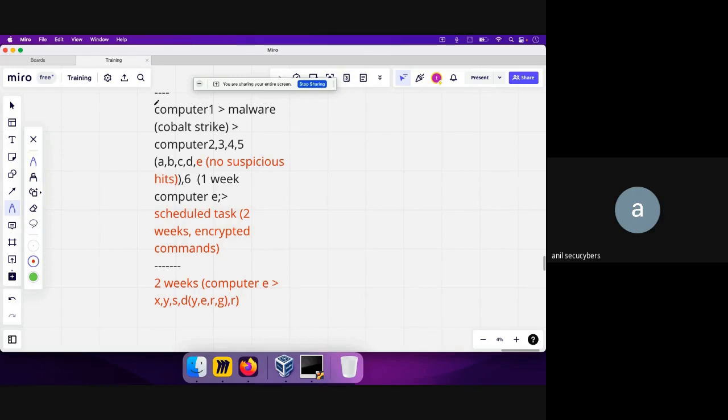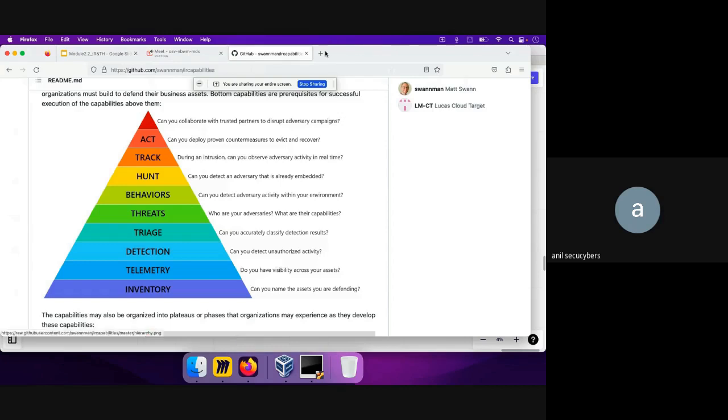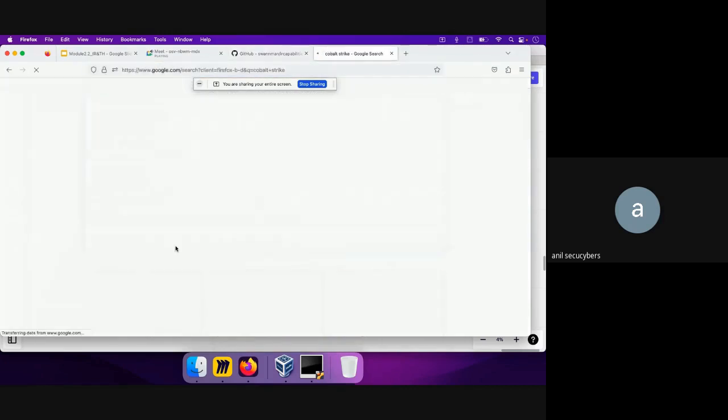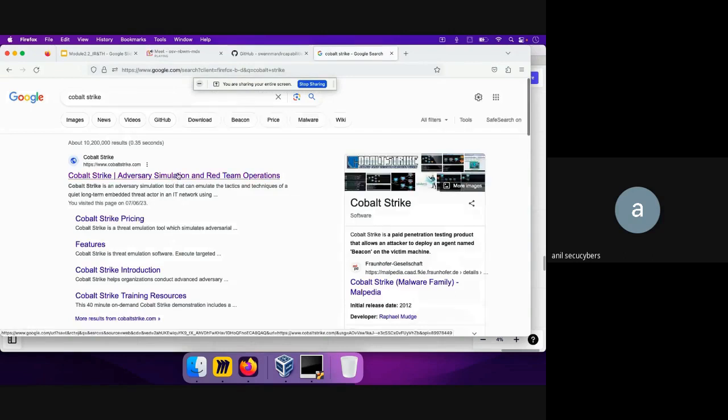All they are doing is utilizing a very good malware, which is Cobalt Strike. I hope you might already know about this Cobalt Strike thing. This is actually an adversary simulation and red team operation tool.